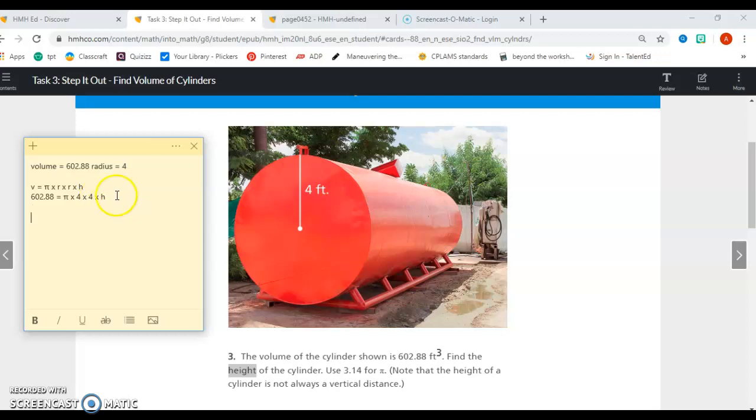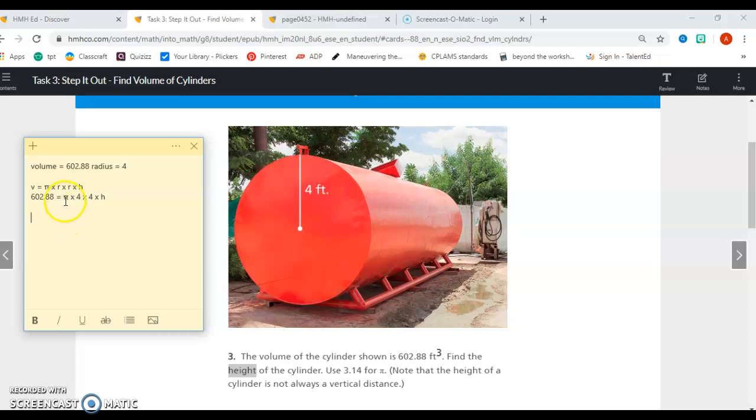If I have to solve for h, that means I want to get h all by itself. In order to get h all by itself, I'm going to have to move pi times 4 to the other side of the equal sign. And if you remember during our equations, in order to move something from one side to the other, you have to do the opposite.